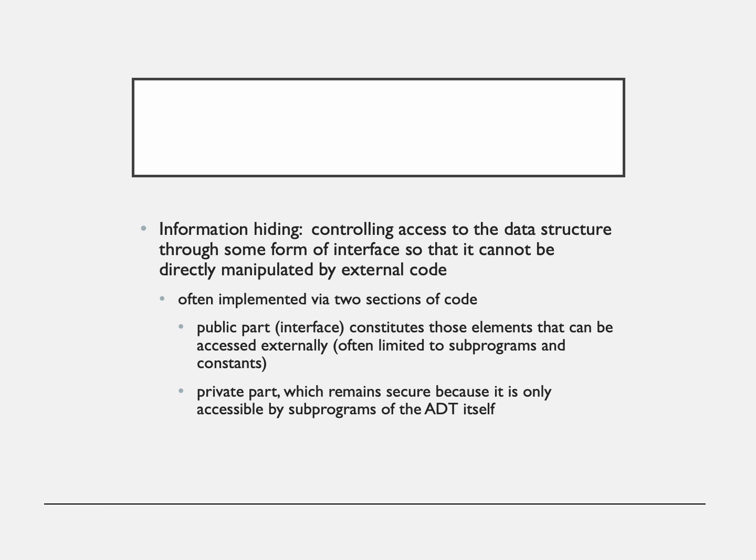This part is hidden and secure, so only accessible from inside the entity itself. By separating interface from implementation, we gain flexibility and we can change how the data is stored or processed without affecting the external code that uses it, making our programs more secure, maintainable, and modular.